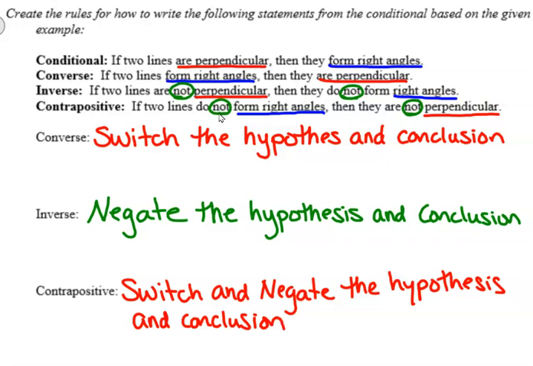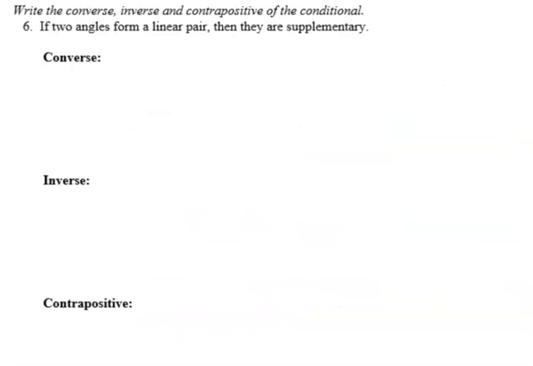If you need more time with this page, go ahead and hit pause and take all the time you need. So what we're going to do is we're going to take these rules and we're going to apply them to question 6 on the back. So write the converse, inverse, and contrapositive of the conditional. If two angles form a linear pair, then they are supplementary. So converse says that I switch it.